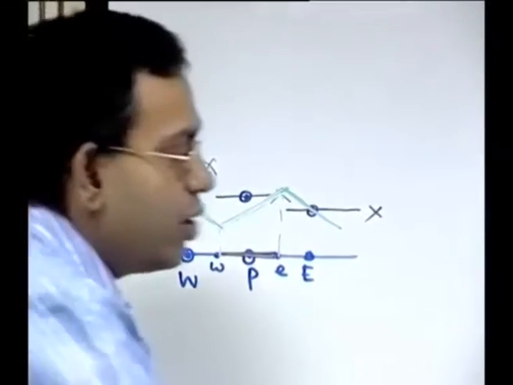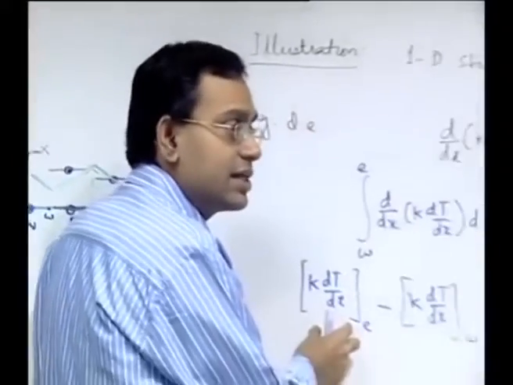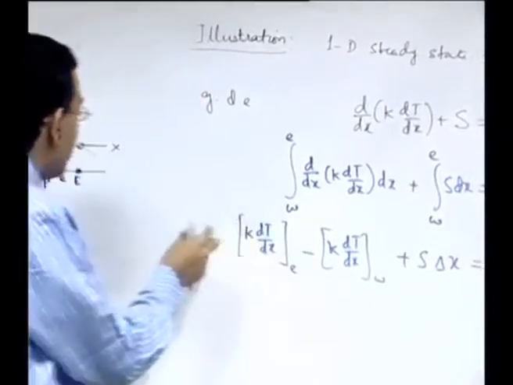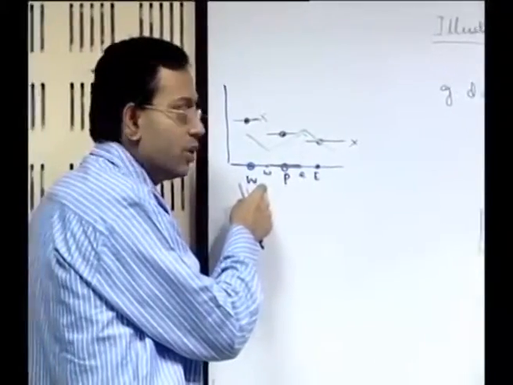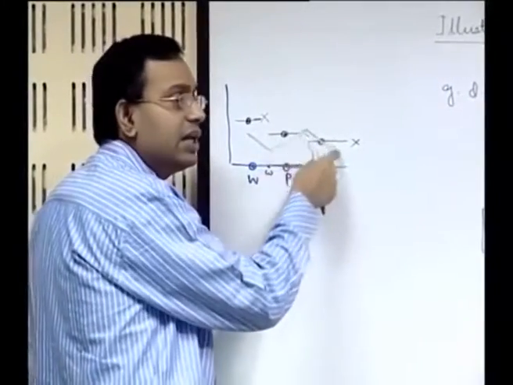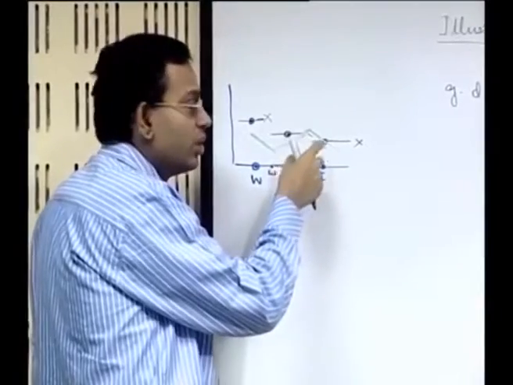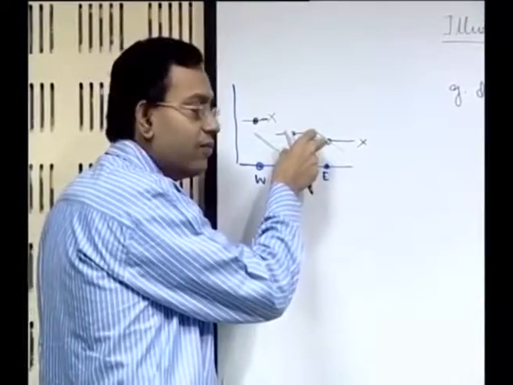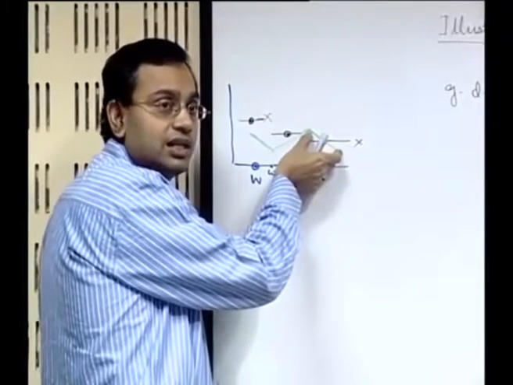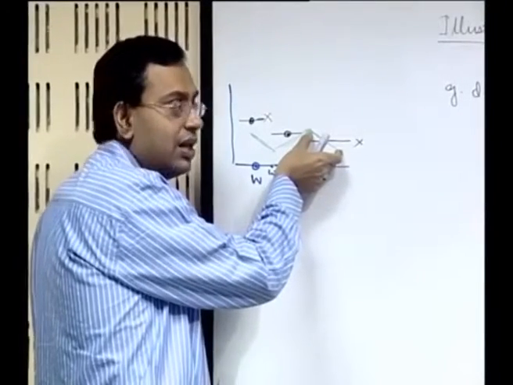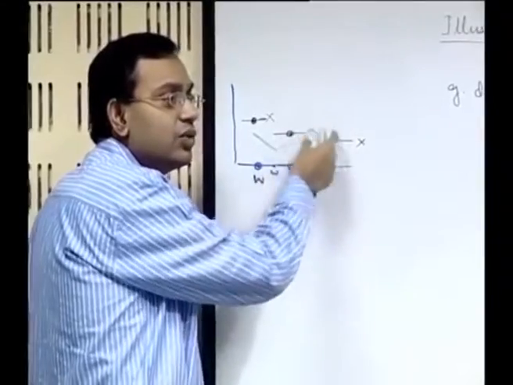Let us see where you need to calculate dT/dx. You need to calculate dT/dx at small e and small w. At small e and small w, dT/dx is discontinuous. You can get a left hand derivative if you consider this line, and a right hand derivative if you consider this line, and these two derivatives are different because these are different lines.